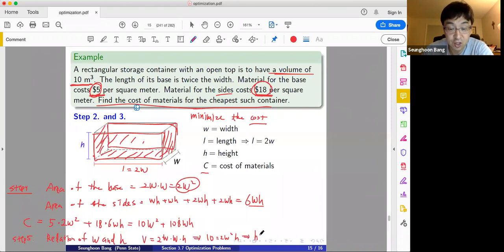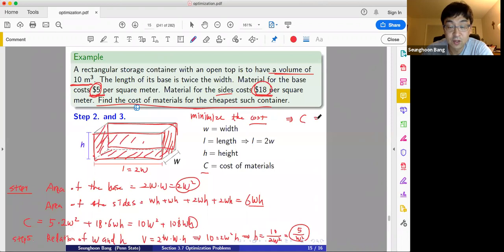H equals 10 over 2W squared. The 2 is crossed out: 5 over W squared. You plug this into H. So what's the cost function? Here.